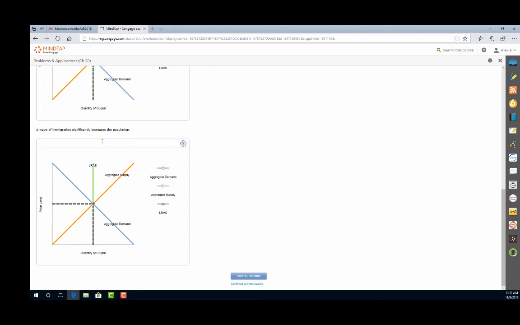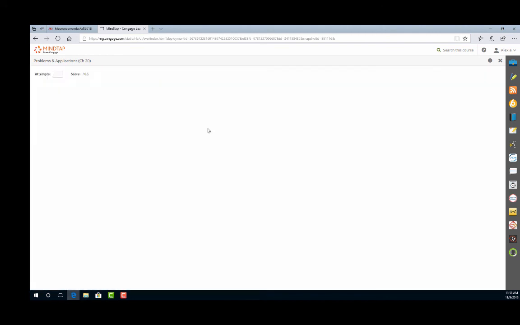So I'm just going to tell you, don't be shifting the long run supply. So if more people come to this country, we could have impact on aggregate supply in short run, because that could be an increase in output. And if there's more people purchasing things, what do you think is going to happen to aggregate demand? So I think you should be able to kind of do that one now with that little hint.